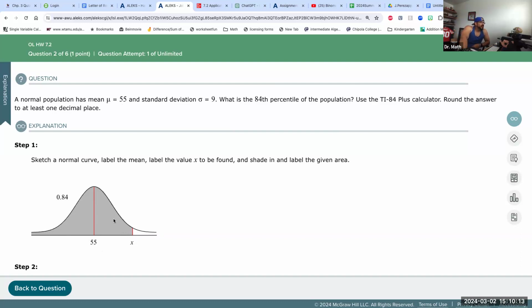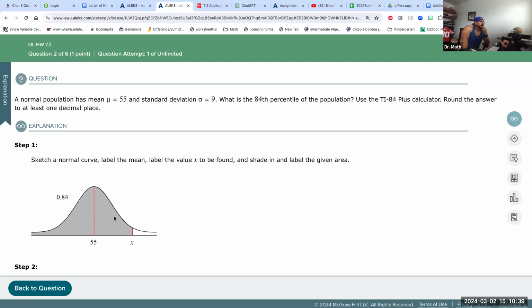So this is about 0.84, and you don't know exactly where to stop, so you're kind of guessing, but you have an idea it's going to be somewhere around this area. So first you draw your normal curve here, and you shade all this area. Whenever they use that word percentile, you always start shading on the left-hand side. Make sure you write that down, or else you will forget it.